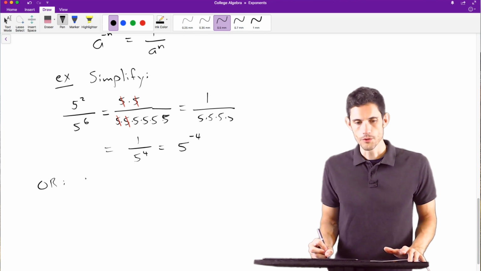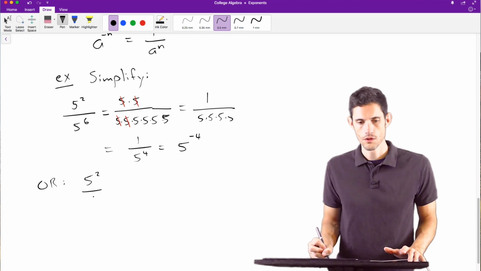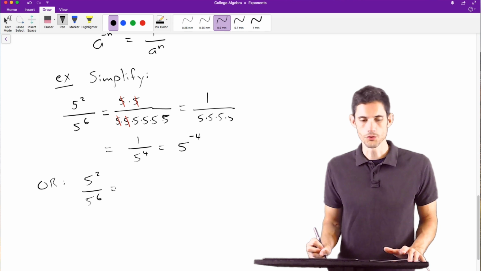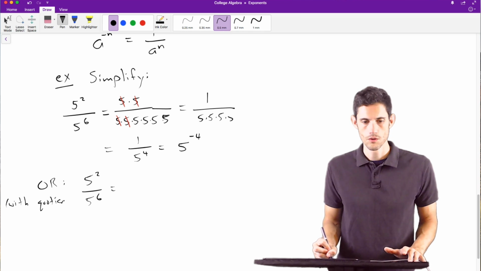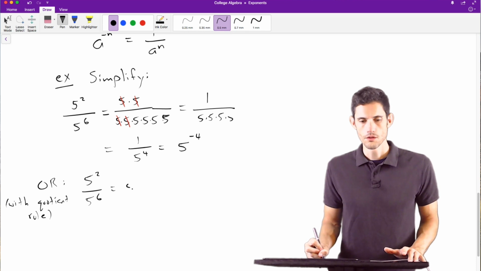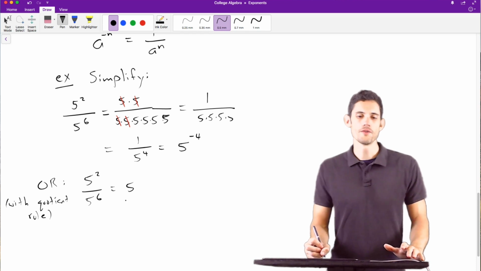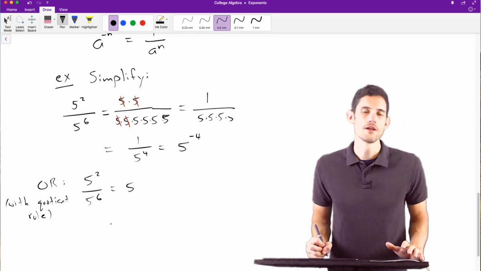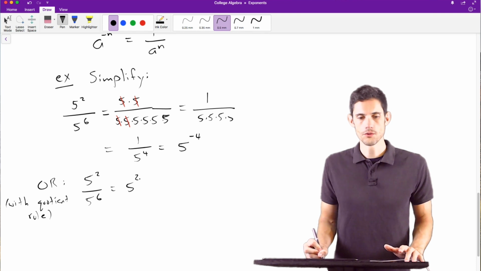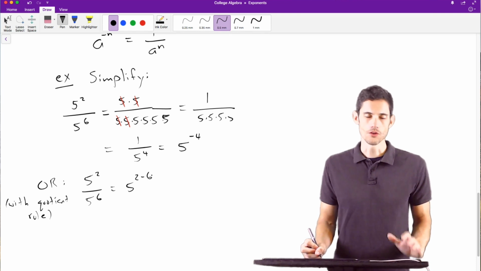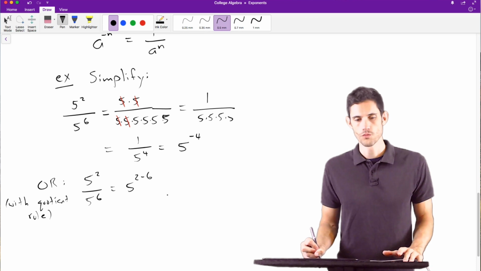So same example, but this time I'll just use the quotient rule. So this is equal to 5 to the power of the exponent on top minus the exponent on the bottom. So 2 minus 6. It's always top minus bottom.